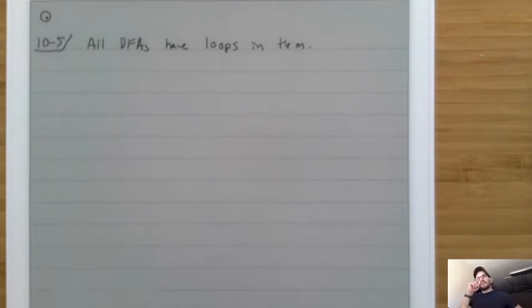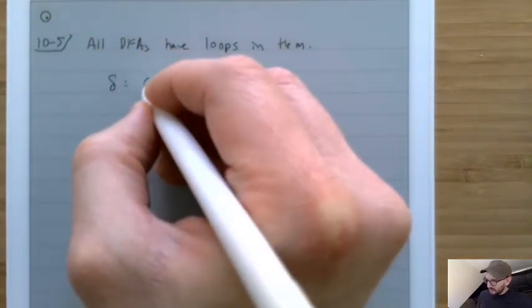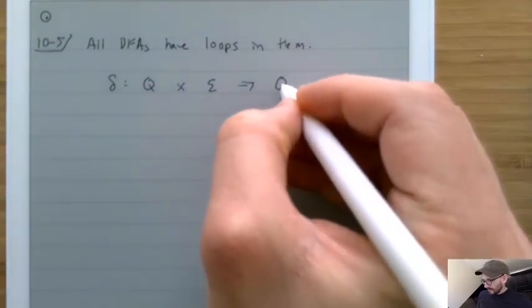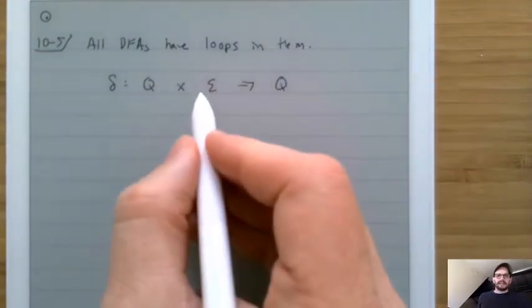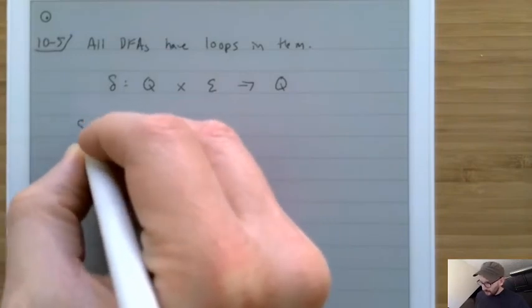And the reason why they all have loops in them is because the delta function has to be total. It takes in a state and a character and has to go to some other state. There's no way for it to go nowhere. And since it can't go nowhere, that means it has to go somewhere. Now, some loops are boring.